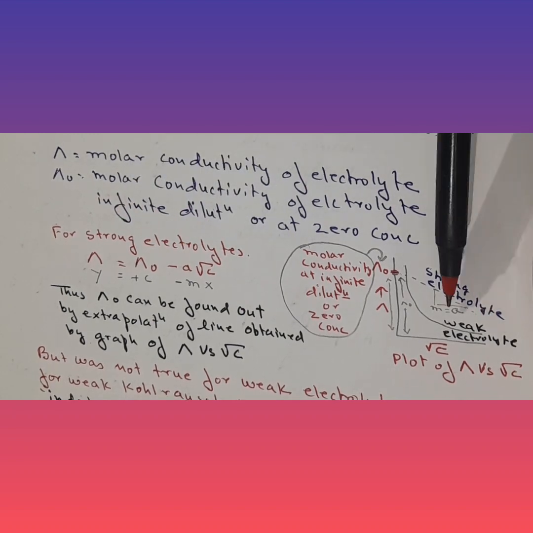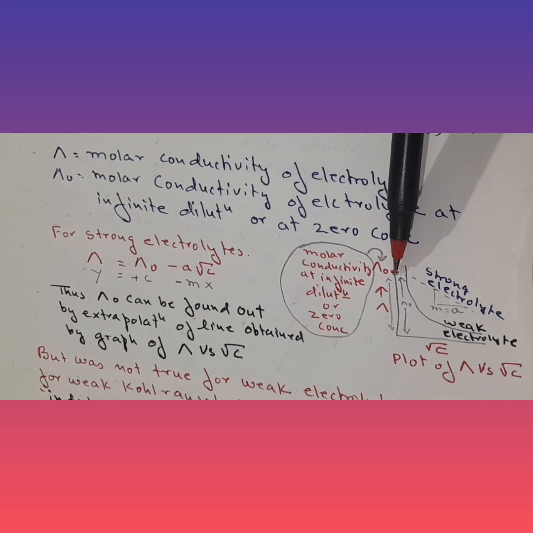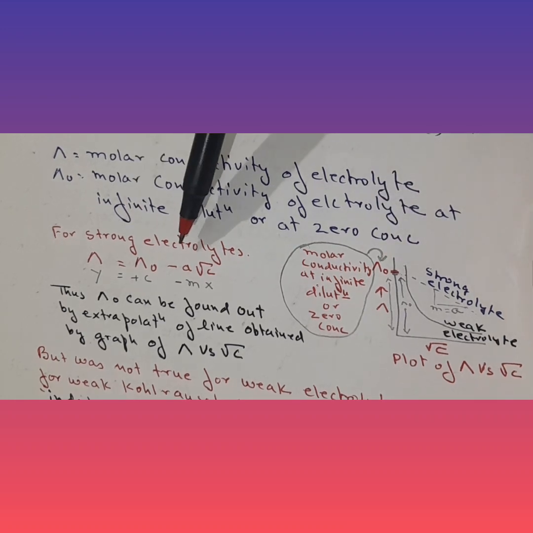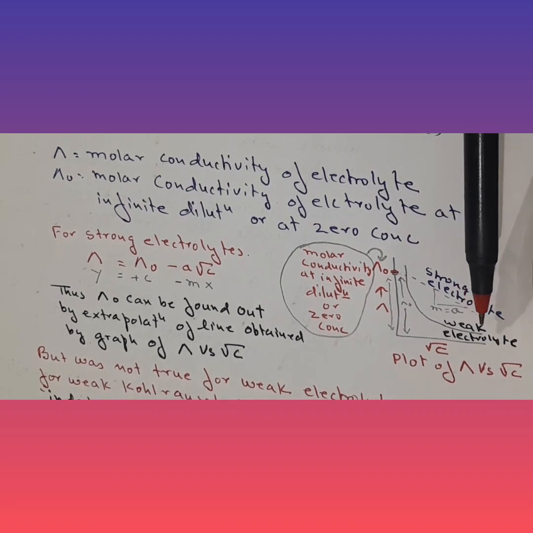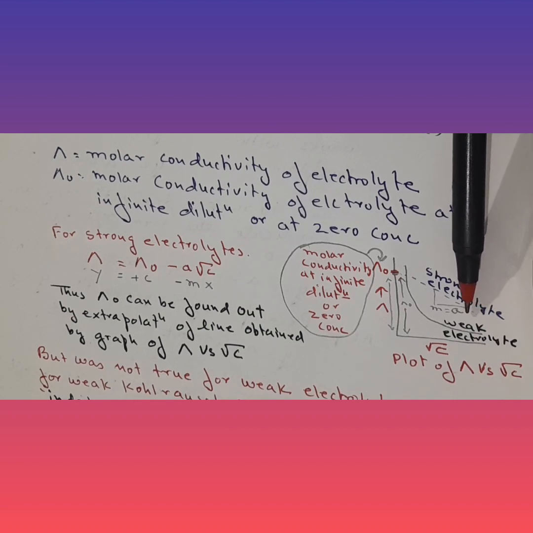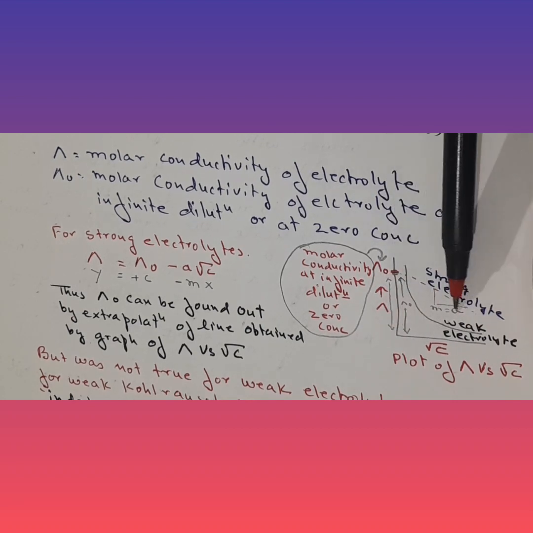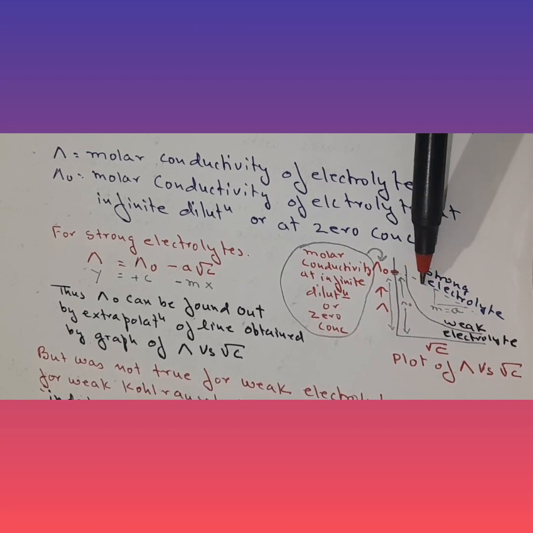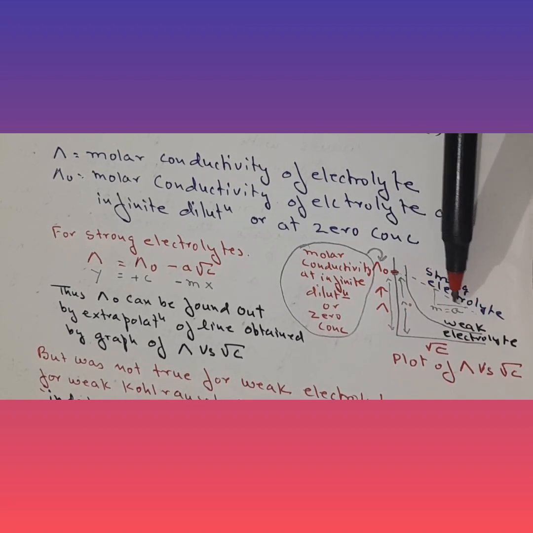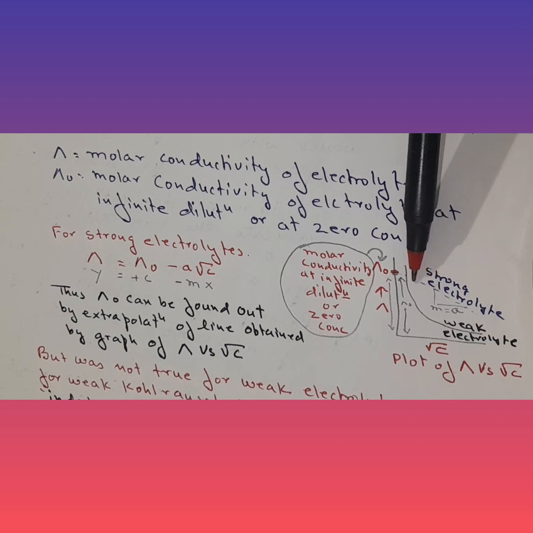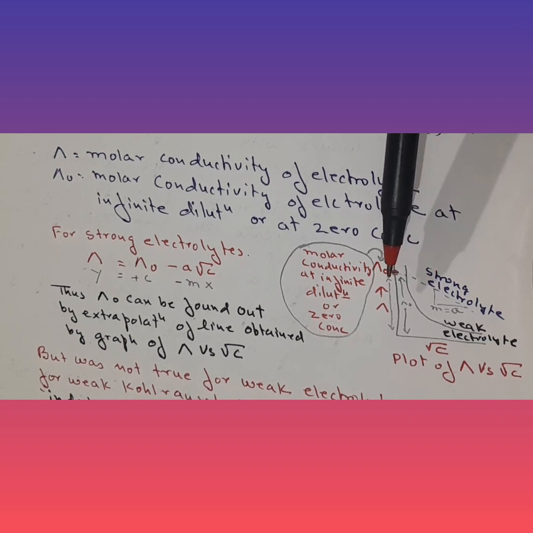So this dotted line which I have represented over here belongs to a strong electrolyte. As the dilution increases, the concentration keeps on decreasing. Even with 2 points we can plot a line, and on extrapolation we can get the molar conductivity of electrolyte at infinite dilution or zero concentration.